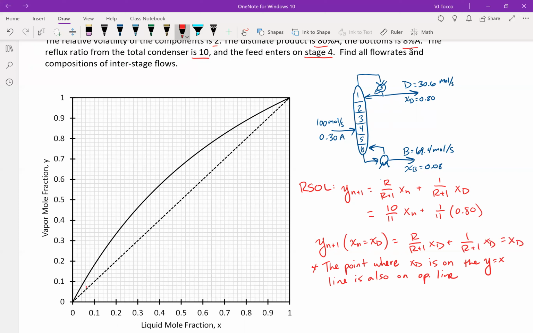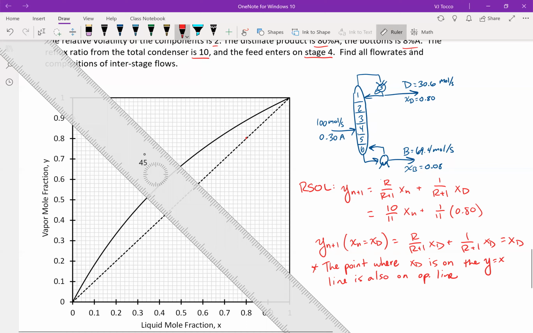So instead of, once again, plotting the y-intercept, 0.8 divided by 11 is 0.07, around there or so, so it'd be around here, I could plot this point and then plot a line of slope 10 over 11. Or I know that this is a point that's on the operating line as well. So following 0.8 all the way up to there. All right, and then I'm going to try and use the ruler.